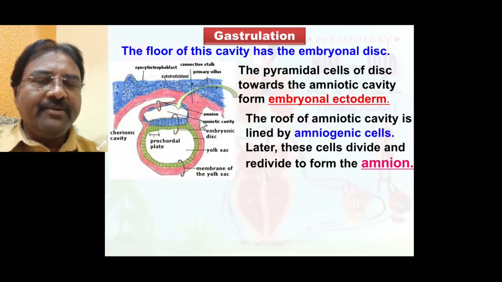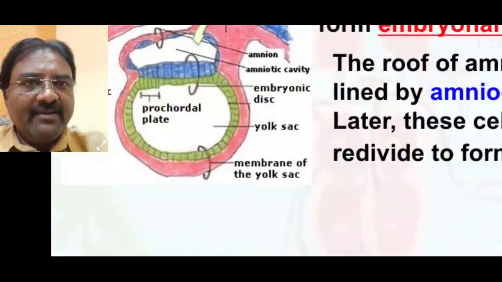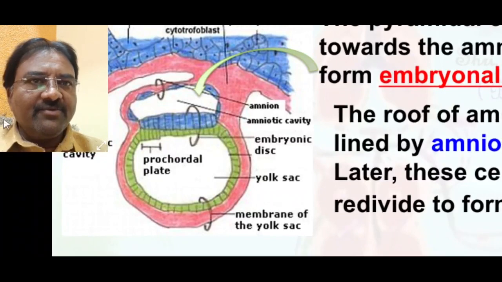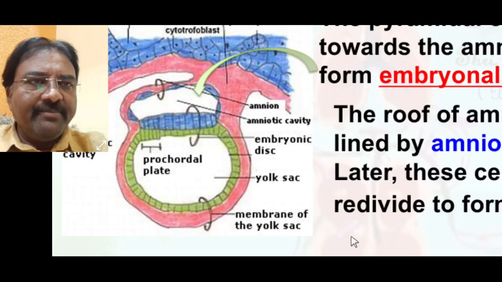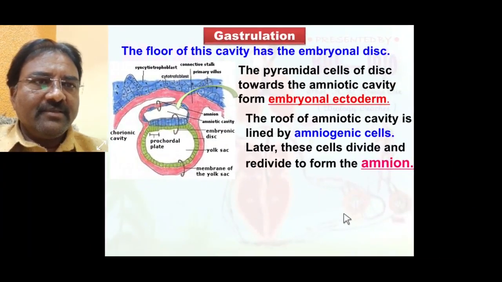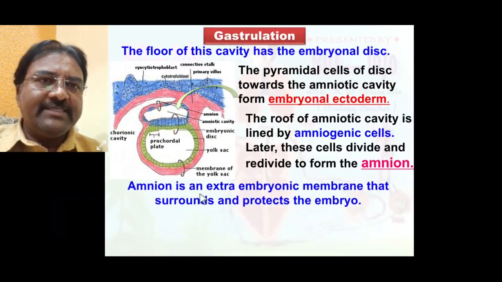How is the amnion formed? Seen here in detail. The roof of the amniotic cavity contains cells called amniogenic cells. Later these cells divide and redivide to form the amnion, labeled here. The amnion is an extraembryonic membrane that surrounds and protects the embryo, so it is most important.